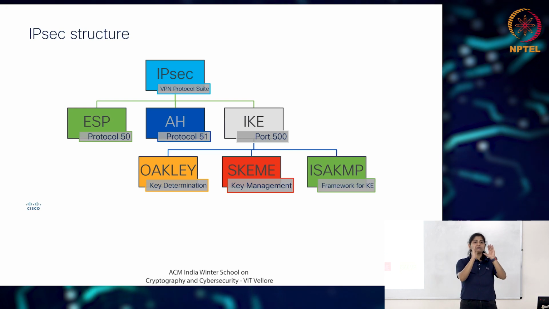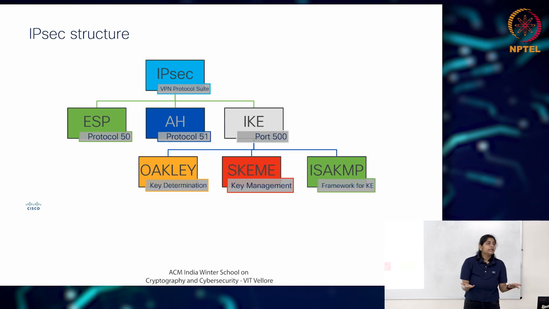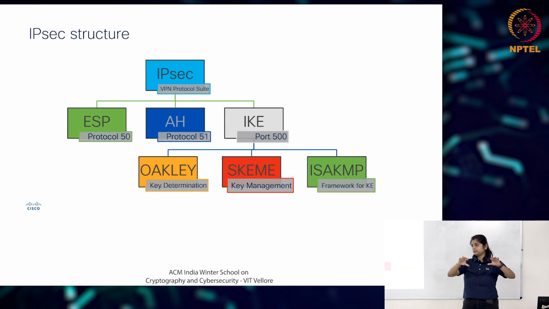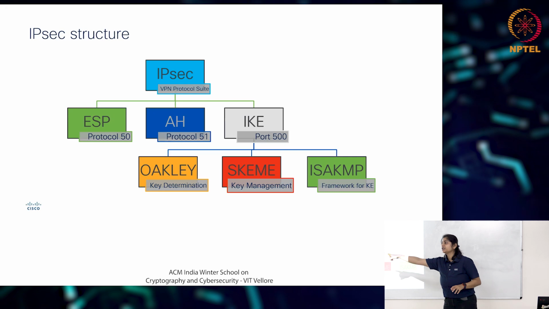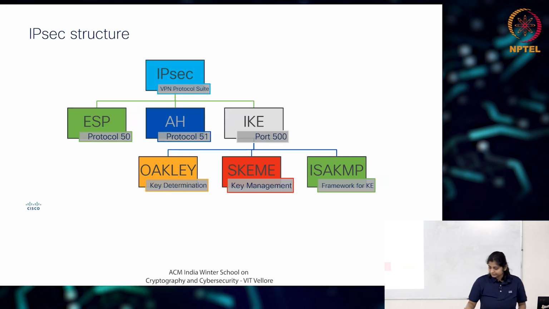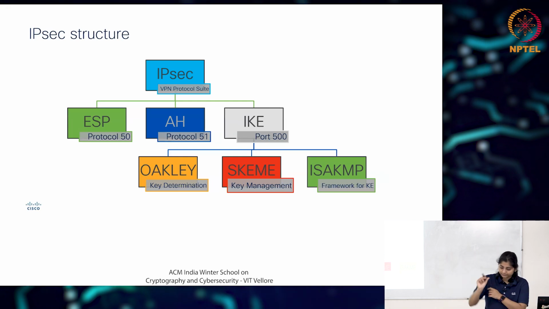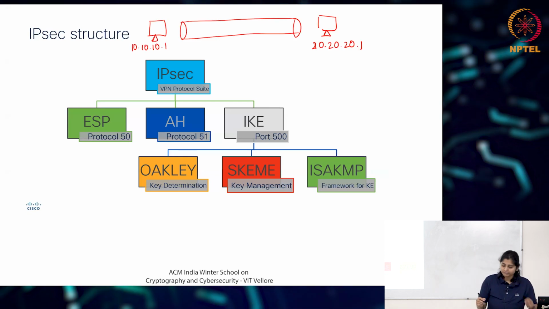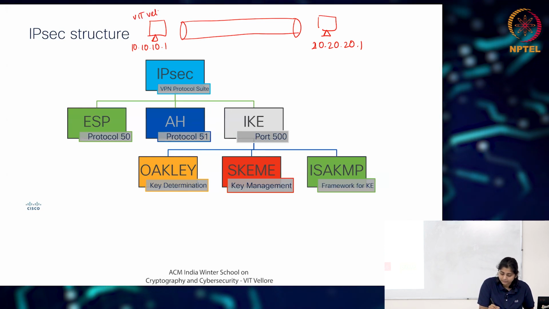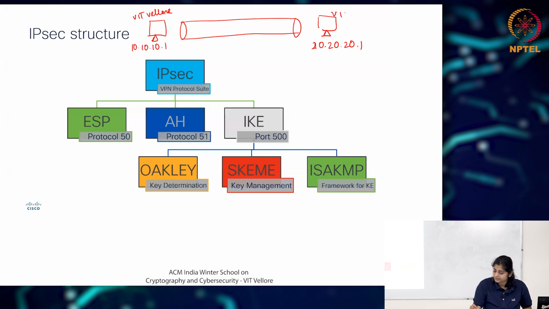Because you can't use IPsec directly, you need something that can support IPsec so that the LAN-to-LAN communication can happen. So let me just, for example, say this is VIT Vellore and this is VIT Amravati.